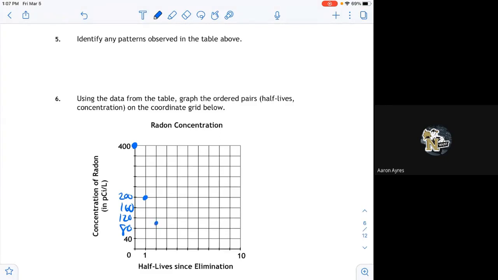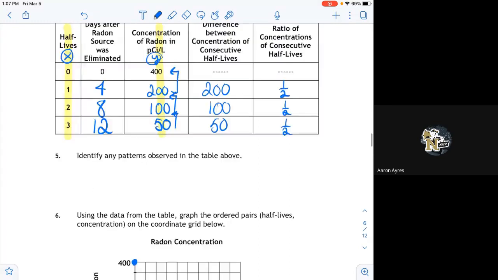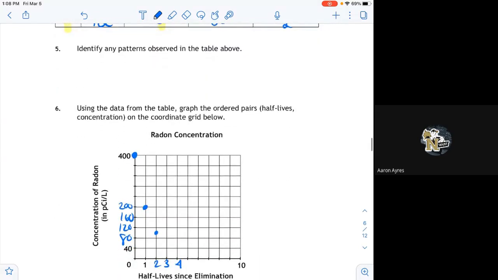So there, and then how many do we have? 3. Okay, so one more. And it's 50, right? That look about it? How's that look, everybody? Okay, good. Excellent.